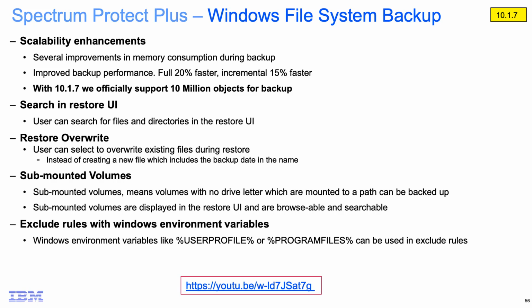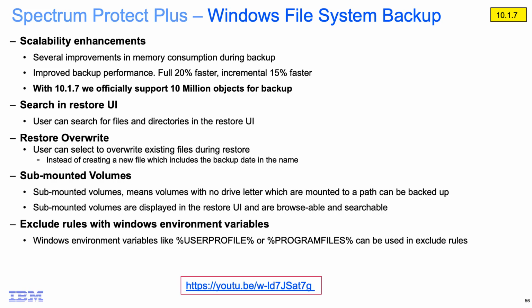We've also changed the user interface to add some additional features. In the previous version, 10.1.6, you couldn't search for files to restore. Now you can. You couldn't overwrite files that you restore, and now you have the ability to overwrite when you do a restore.